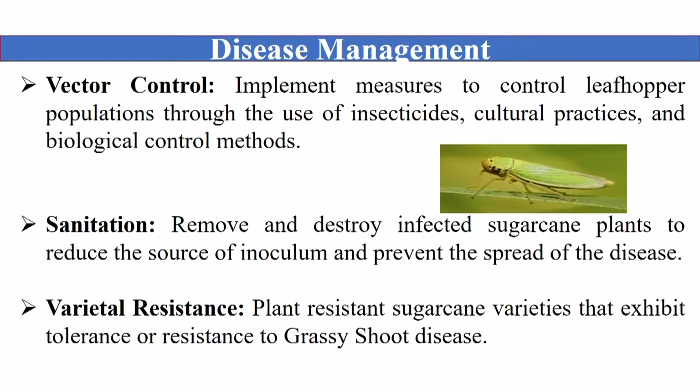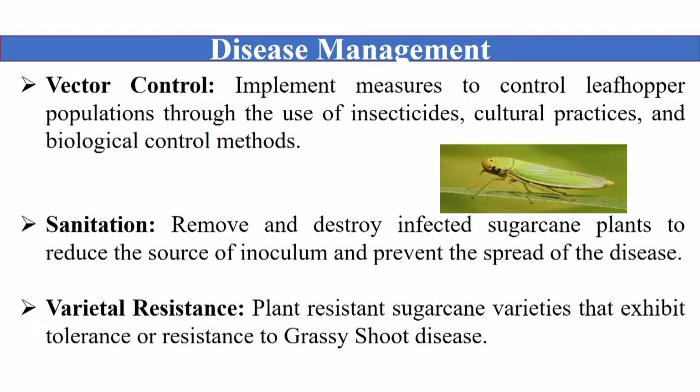Dear learners, how can you manage this grassy shoot disease in the field? Basically the vector, the leafhopper, is responsible for disseminating the disease. So first of all, you have to implement measures such as control of the leafhopper population through the use of insecticides or cultural practices, and you can also use biological control methods.